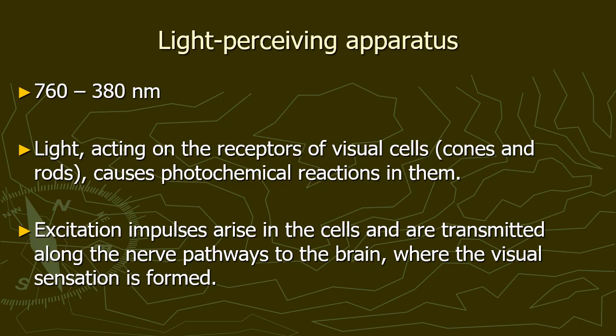Then we have mostly rods on the periphery, and the rest of the retina is filled with rods. The further away from the center, the more rods we observe. The eye has about 130 million rods and 7 million cones. There is also a blind spot where the optic nerve exits. There we have no photosensitive cells.